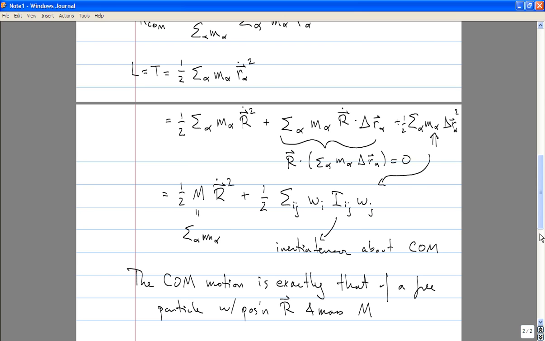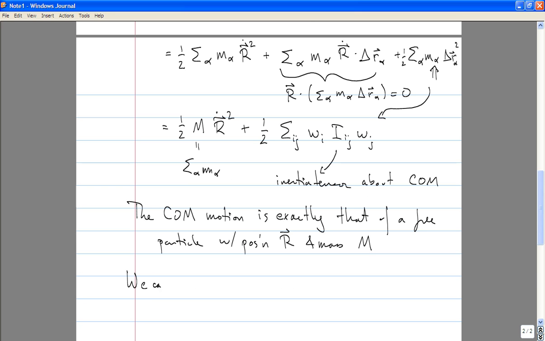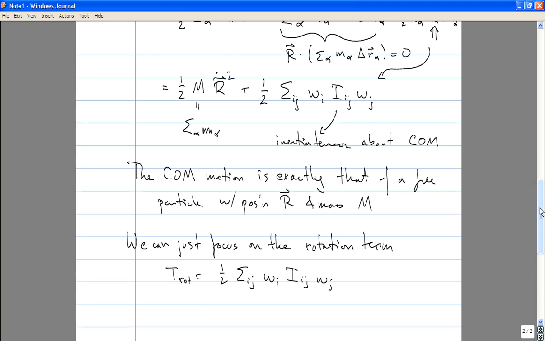So because of this, we can just focus on the rotation term, which involves the inertia tensor. That's correct. This is the rotation term here. So T rotation, which is 1/2 sum over ij, omega i I_ij omega j. Any questions?